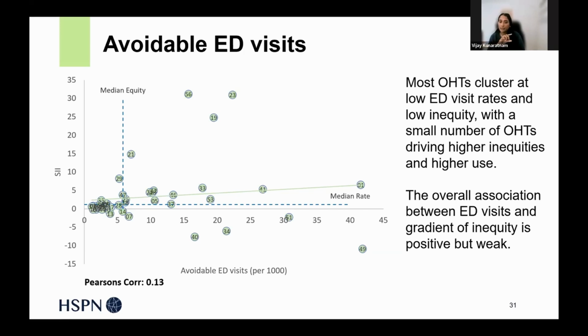On top of that, there are some OHTs to the far right where, irrespective of material deprivation, they seem to have higher rates. When you look at a graph like this and see the clustering around the median and then a spread of a few OHTs which seem to be driving that trend line, here's where we can talk about perhaps some targeted initiatives for those OHTs.